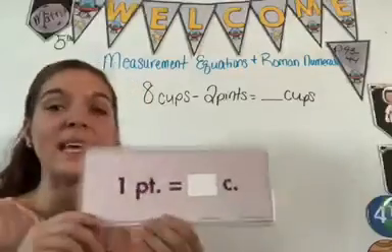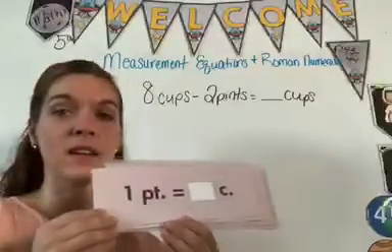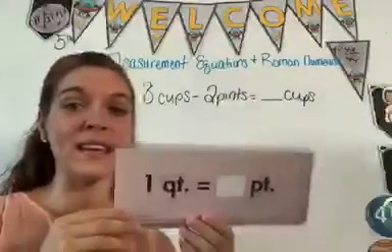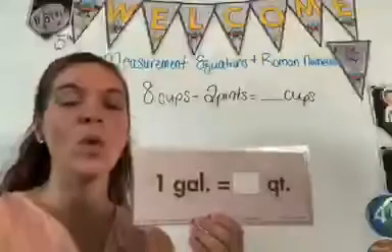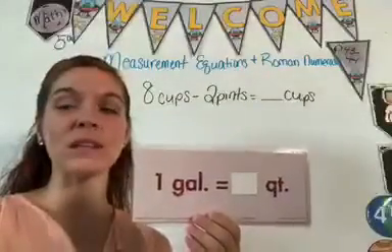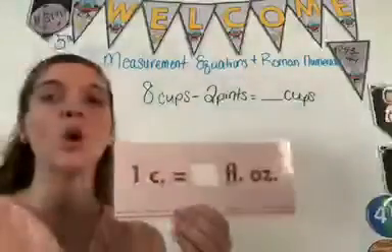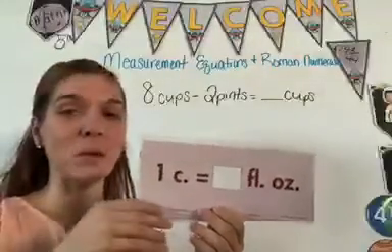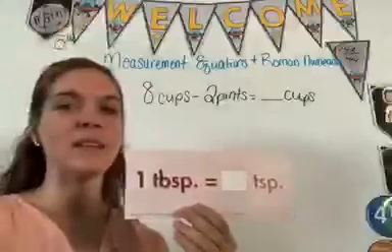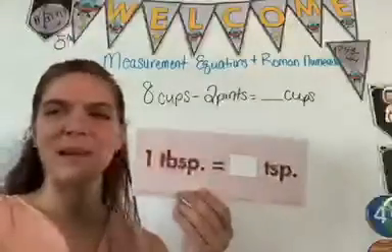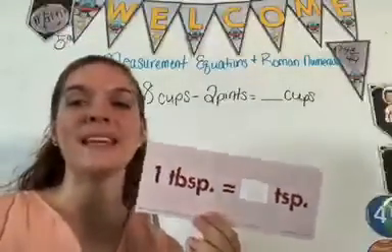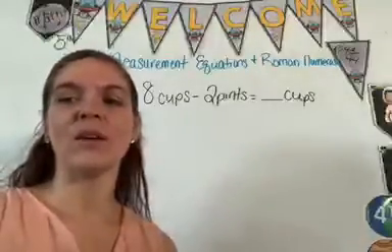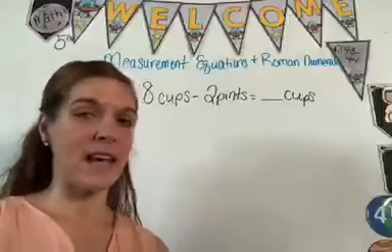Okay. 1 pint equals how many cups? 2. 1 quart equals how many pints, Frankie? 2. 1 gallon equals how many quarts, Abigail? 4. 1 cup equals how many fluid ounces, Danielito? 8. And 1 tablespoon equals how many teaspoons, Dueno? 3. Good job. Okay, those are conversions for today.